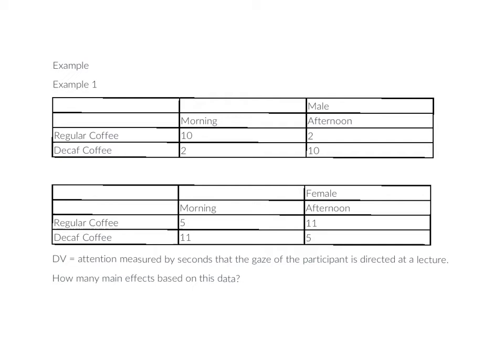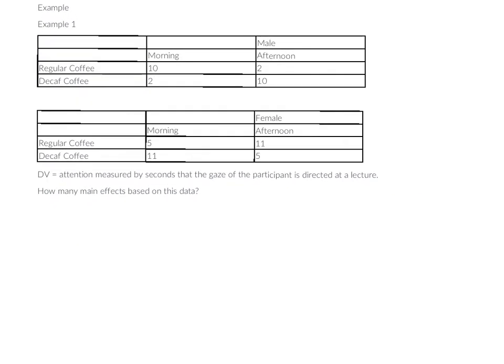A two-way interaction is the impact of one IV and a second IV on the DV. So how do these two combine to impact the DV?